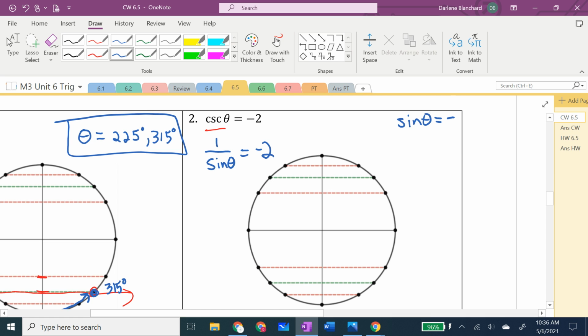Negative 1 over 2. Do you see that? If I multiply sine theta over here, I divide the negative 2 over to the denominator where that sine theta was.